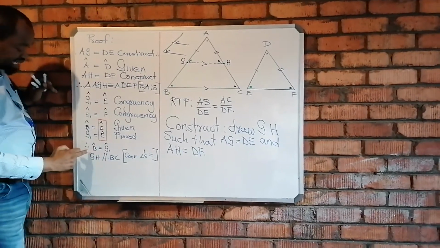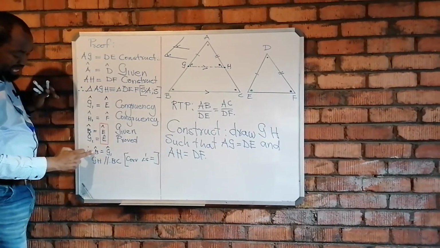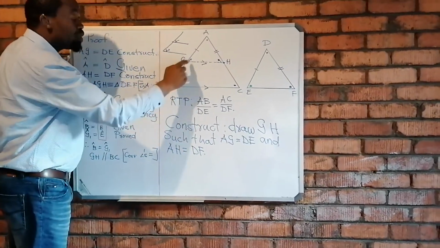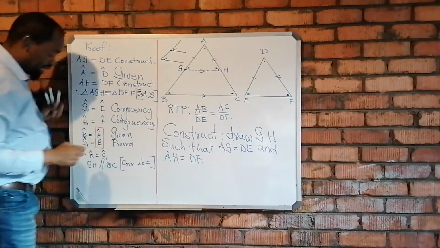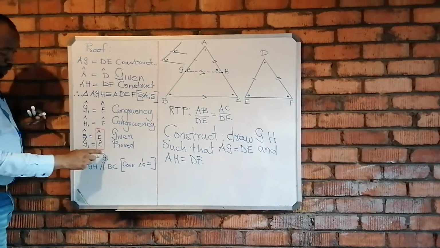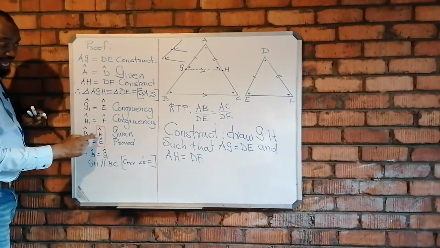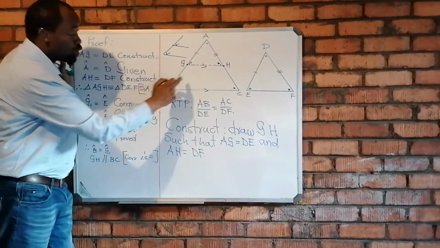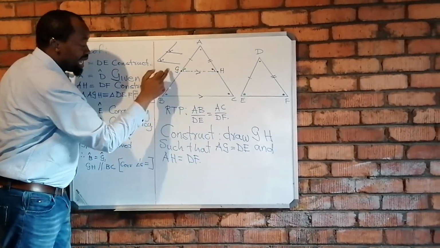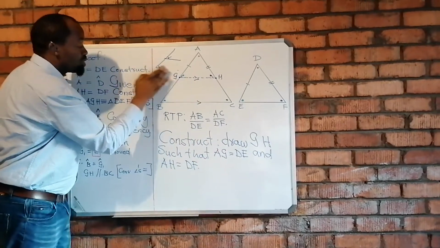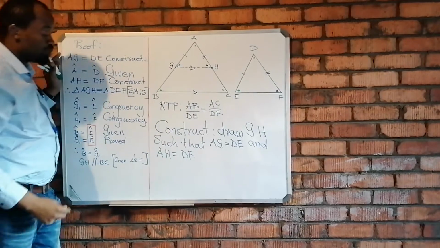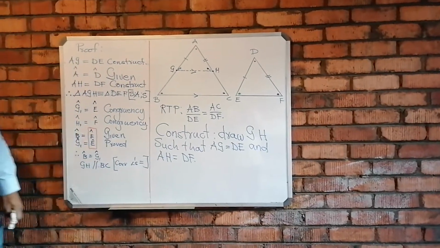Now, this means that angle B, which is this angle, is equal to angle G1 because both of them are equal to angle E. Now from there, I can conclude that this side is parallel to that side because we can see that corresponding angles are equal.